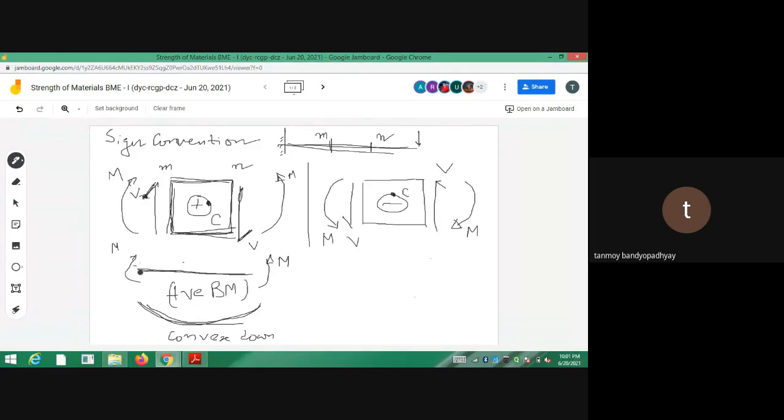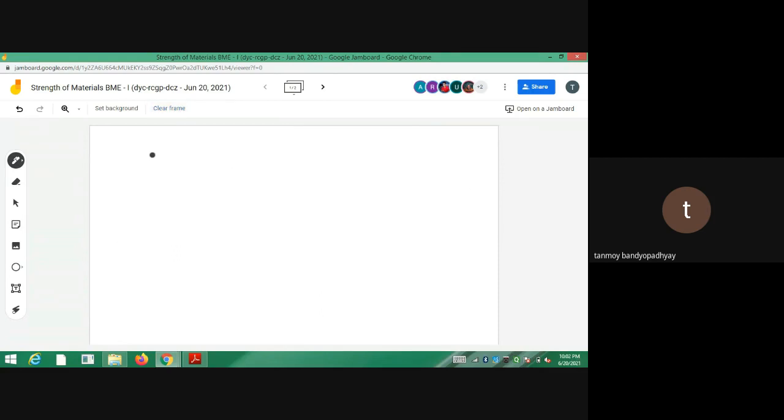And for this one, the beam is something like this. The moments are acting like this. How is the beam bending? I have drawn this wrong.